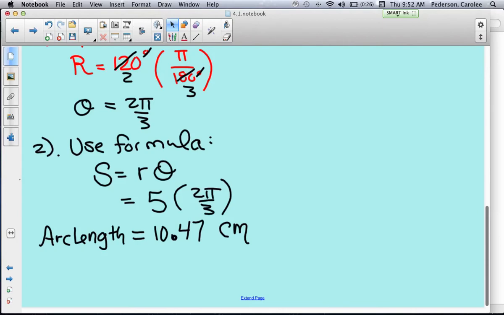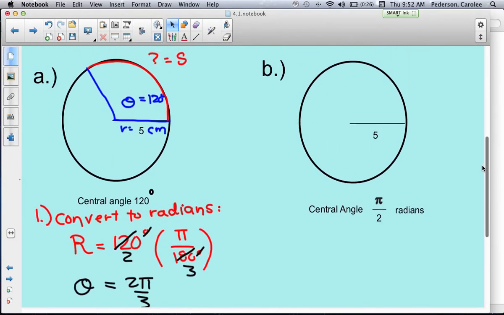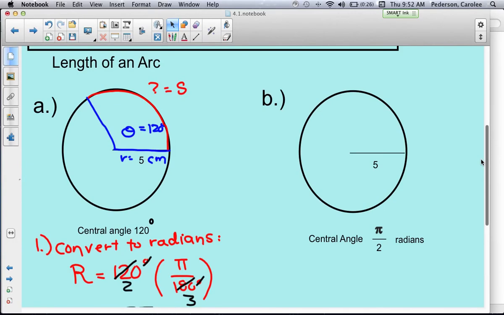All right, let's go to example B. Example B has a different central angle, and we'll call this radius 5 feet. Angle measure pi over 2, where does that fall? What's the degree measure? It's very popular with our 90-degree measure. So here is what our angle will look like. This is our radius.